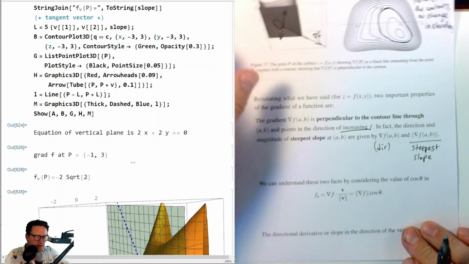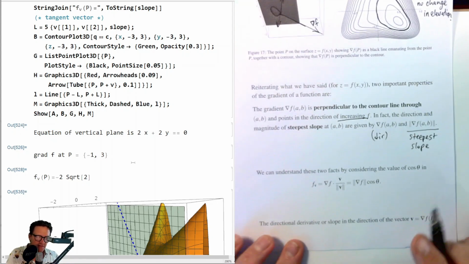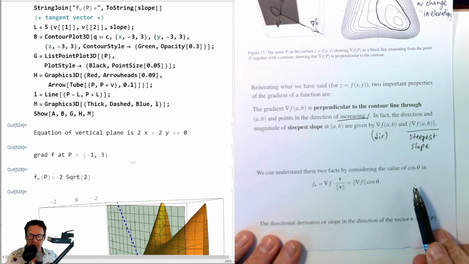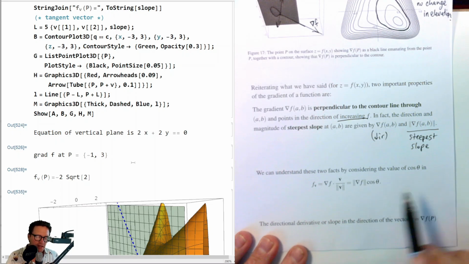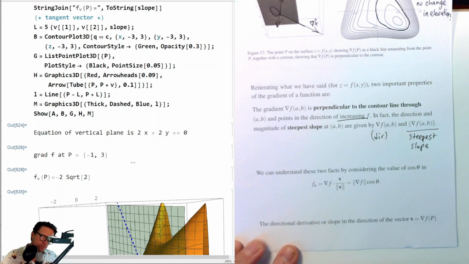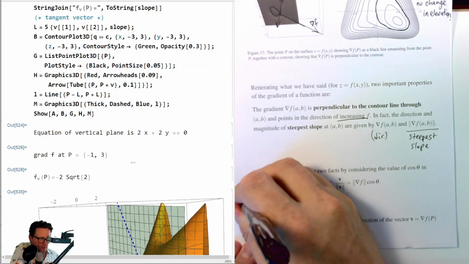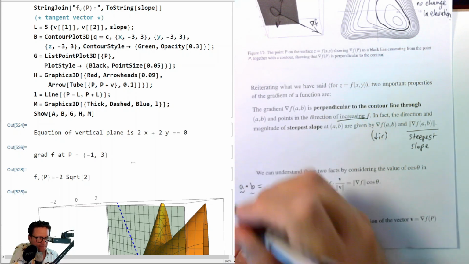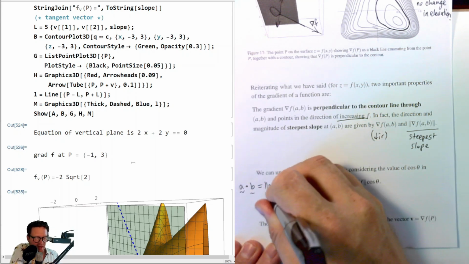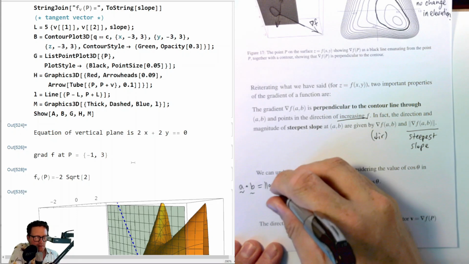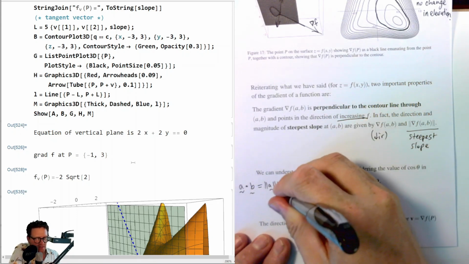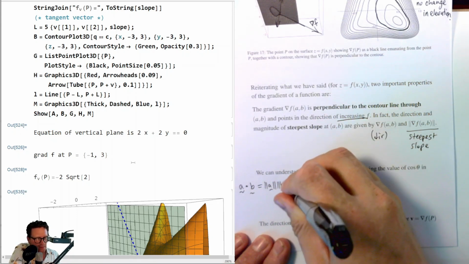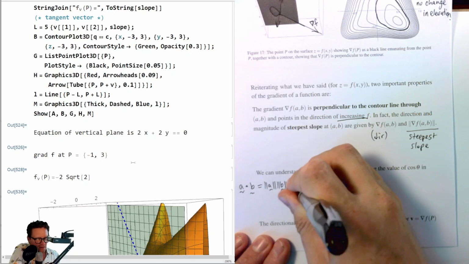All right, so we can understand these two facts by considering the value of cos theta in this expression. Now I'll remind you from other courses that A dot B is equal to the norm of A, if A and B are two vectors, times the norm of B times the cosine of the angle between them.